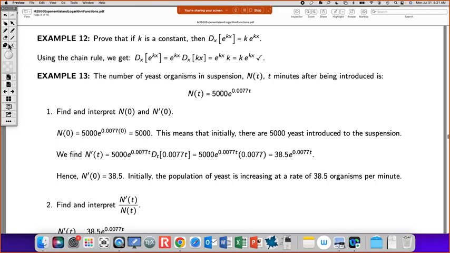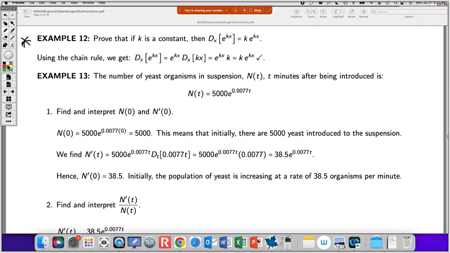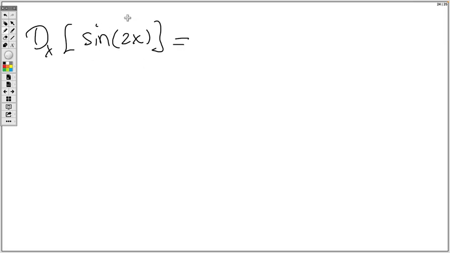Example 12 is kind of like something we had for sine and cosine. When we first talked about derivatives of sine and cosine, we observed that this frequency in here, this coefficient of x, is just saying that this sine wave goes twice as fast as the other one does.